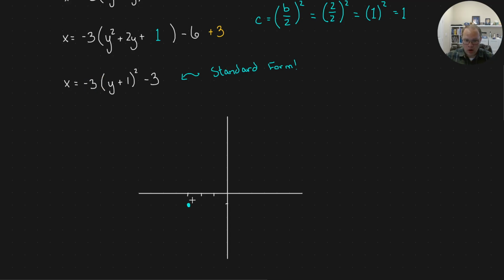And so if I go 1 unit up or 1 unit down, I need to go 3 units left to find the next point. And connect the dots, to a nice U shape. And I have the parabola that is the graph of that conic section.